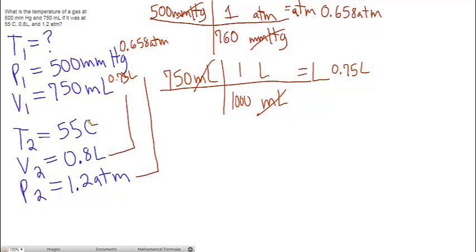Lastly, the temperature 2 needs to be in Kelvin. So I'm going to take 55 Celsius plus 273 equals my Kelvin temperature, 328. Therefore, this is 328 Kelvin.